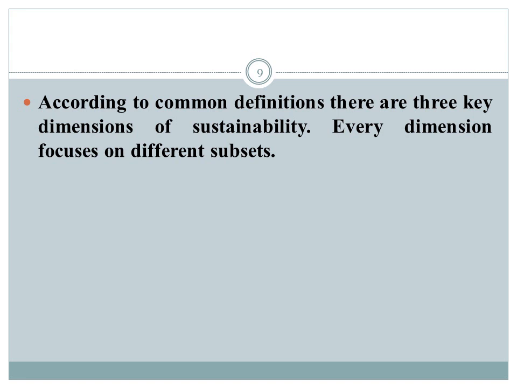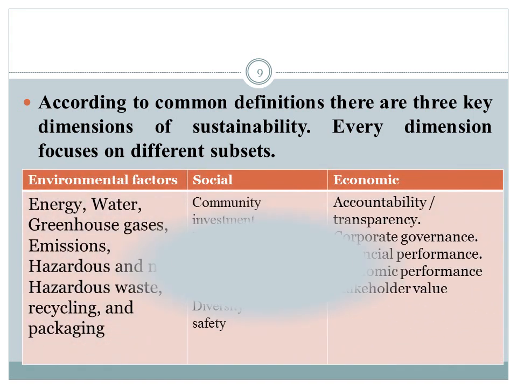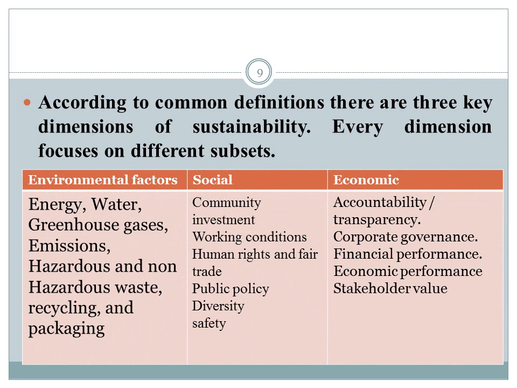According to common definitions, there are three key dimensions of sustainability. Every dimension focuses on different subsets. Now, the dimensions of sustainability are environmental factors, social, economic. Environmental factors are energy, water, greenhouse gases, emissions, recycling, and packaging.